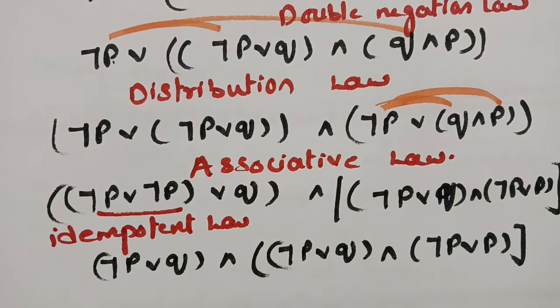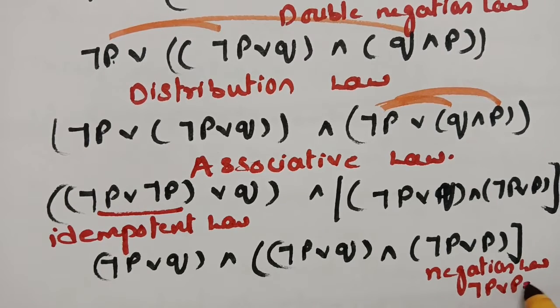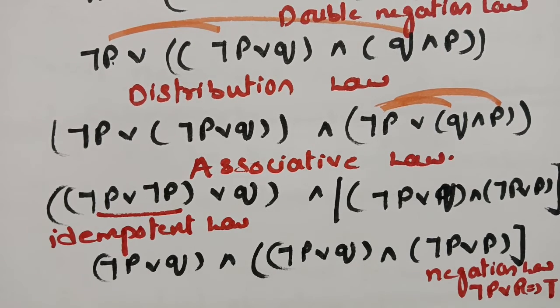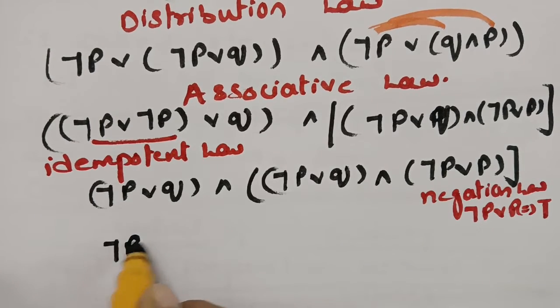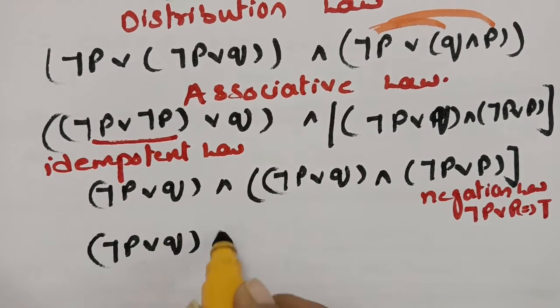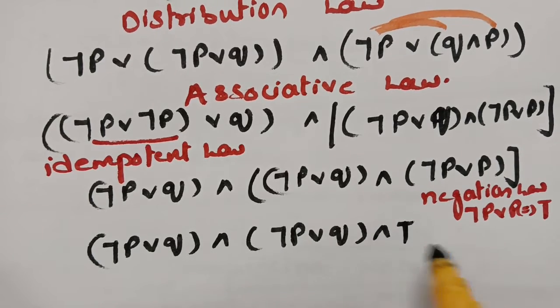Negation law. According to our negation law, negation P or P is equivalent to true. So this will be negation P or Q, and this is negation P or Q and true.